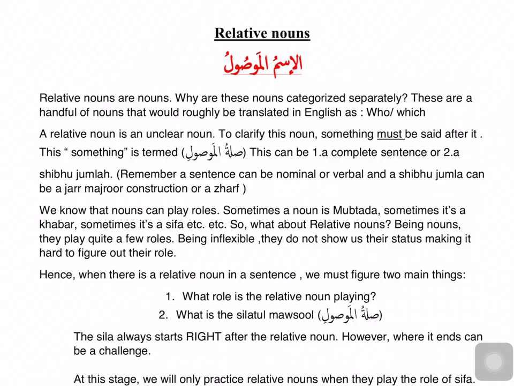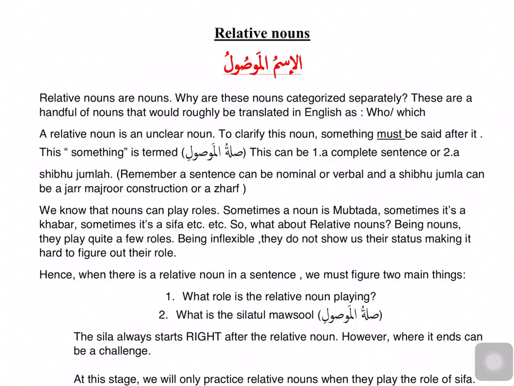So now another thing. A relative noun being a noun can play different roles in a sentence. It can be a mubtada, it can be a khabar, it can be ism majroor, it can be mudaf ilayh, and so on and so forth. When you see a sentence with an ism mawsul, you have to figure out what role the ism mawsul is playing, number 1. Number 2, because it is an unclear noun, it will have a sila, you have to figure out the sila.